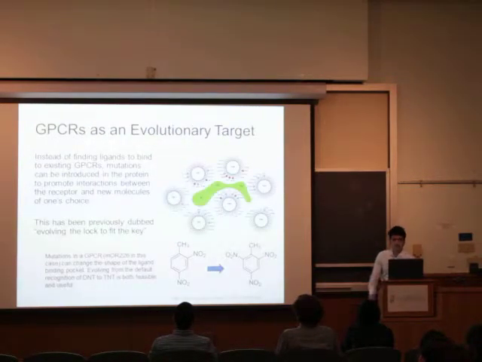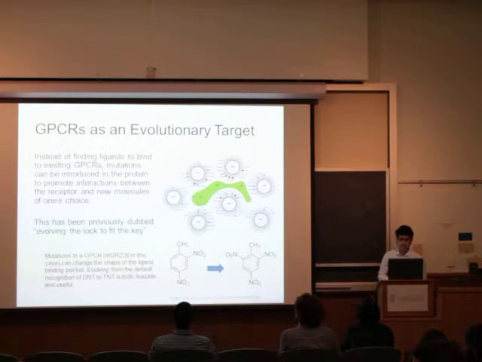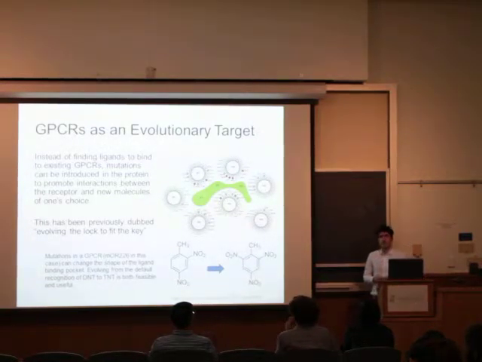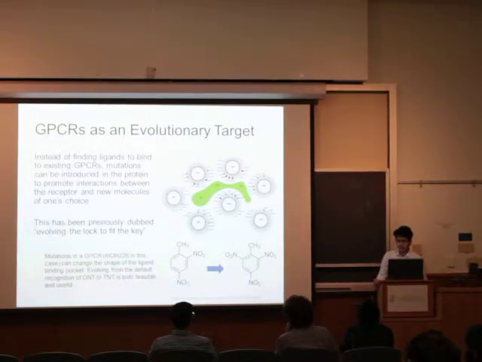Because GPCRs are proteins, there's a corresponding gene that you can sequence and modify, and thus downstream you would be modifying the amino acid sequence of the GPCR.